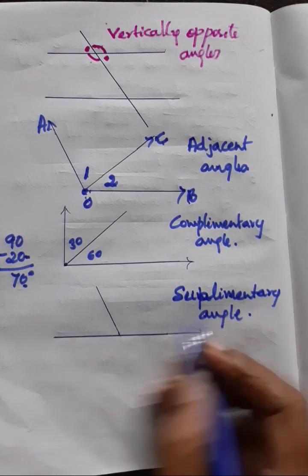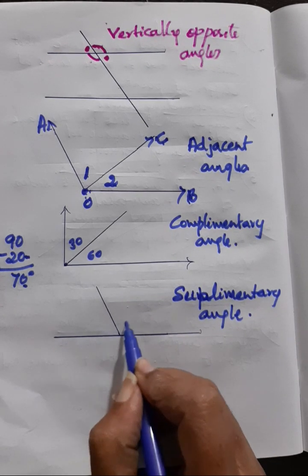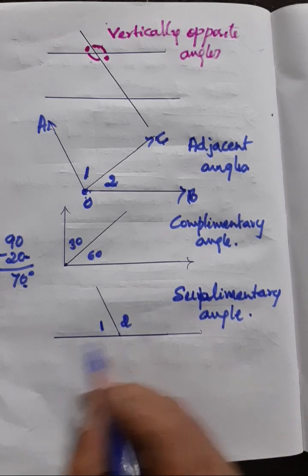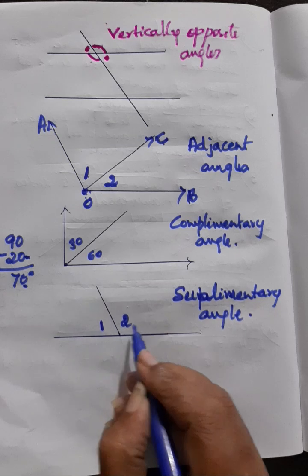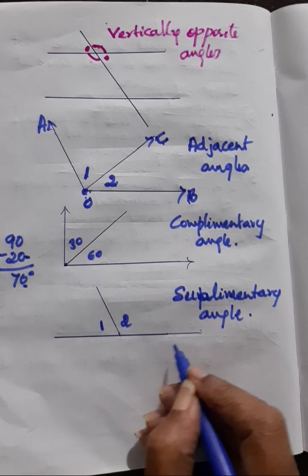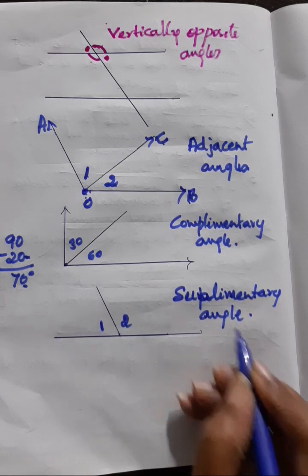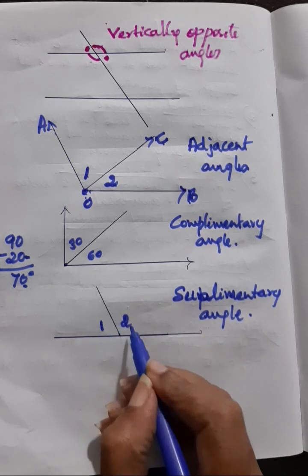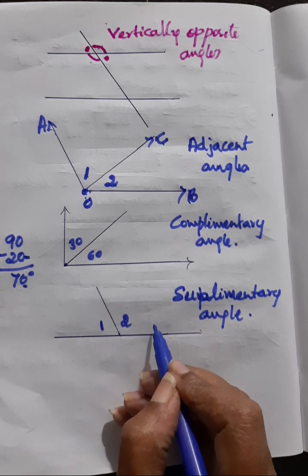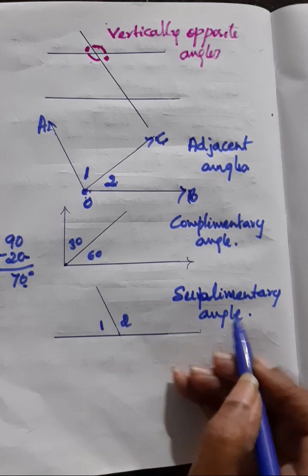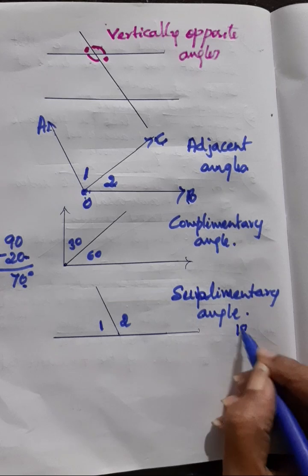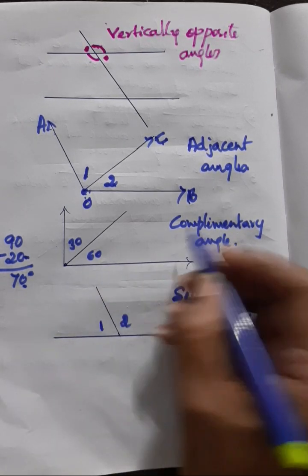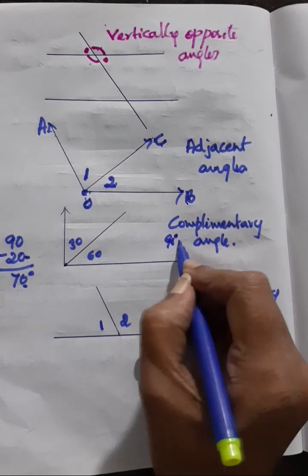It measures 180 degrees. So if the sum of two angles is 180 degrees, then we call it supplementary angle. Understood? 180 degrees. While adding, it should be 180 degrees. For complementary angles, while adding you should get 90 degrees.